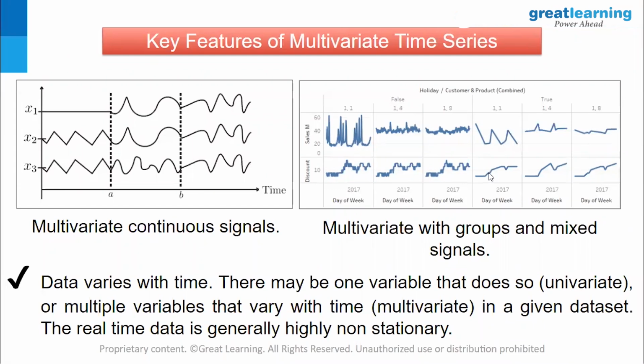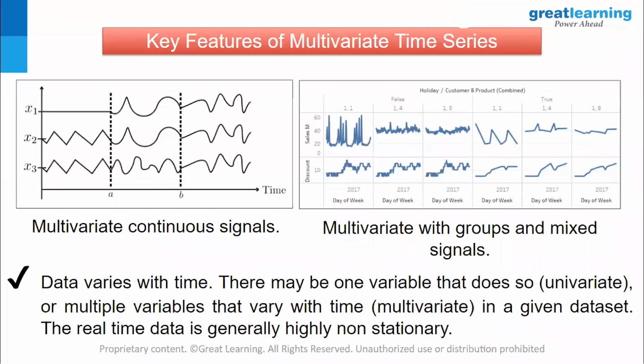Other times you might find that it's a mixed kind of data where you have a lot of categorical variables. For example, you have customers, products, stores, and items, along with the sales value, the revenue. You may have some sort of attrition or customer churn.